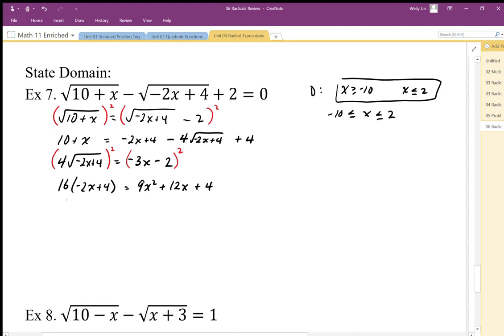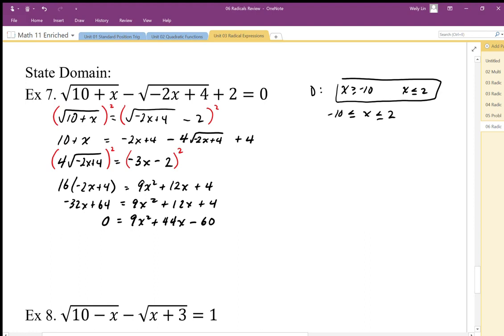Maybe I'll show a few more steps here, so that's going to be 64. We need to make it equal to 0. So I end up with 9x squared plus 44x minus 60.